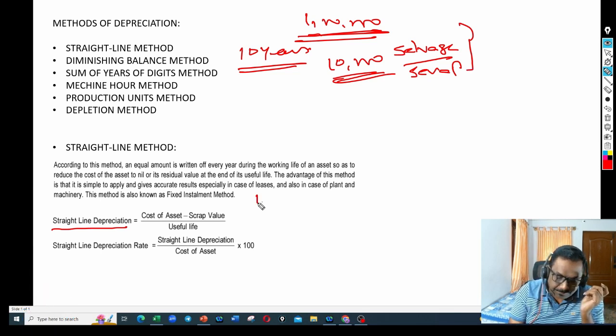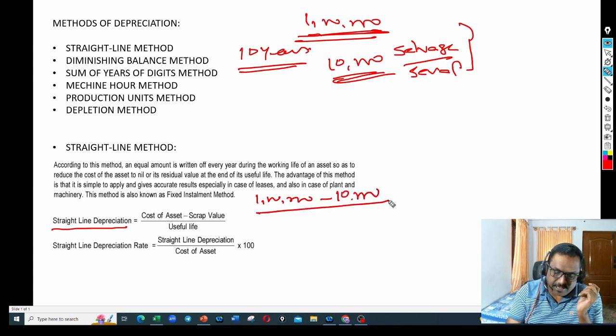So cost of the asset 1 lakh minus salvage value or scrap value 10,000, divided by 10 years, which is the useful life. How much will it come? 90,000 divided by 10. That is 9,000 per year.